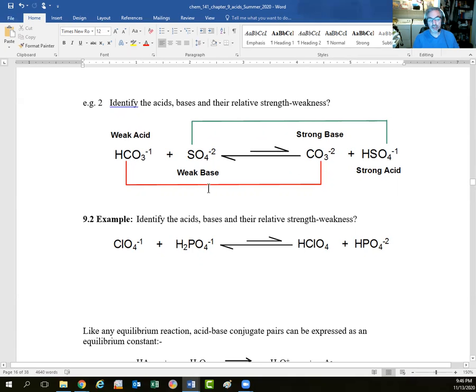It's a strong base in the favored back reaction, picking up the proton from the HSO4. The HSO4, to turn back into its conjugate, has to give away a proton, so it's a strong acid because it's part of the favored back reaction. And the SO4 in the forward reaction needs to pick up a proton, but it's not very good at it because it's part of the unfavored forward reaction. So it's a relatively weak base.